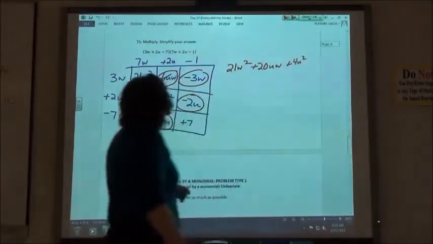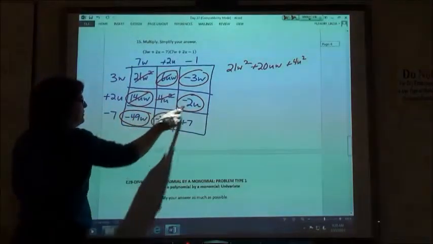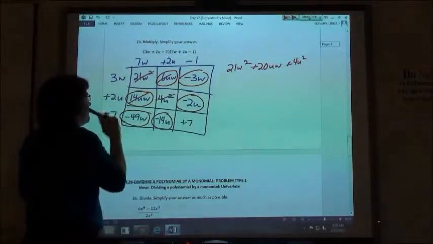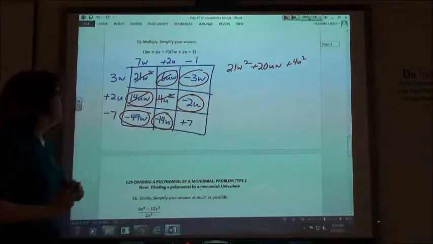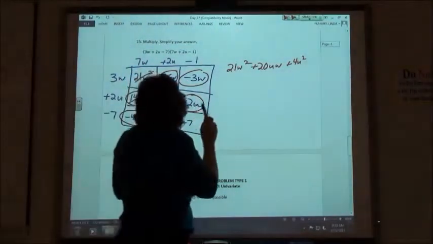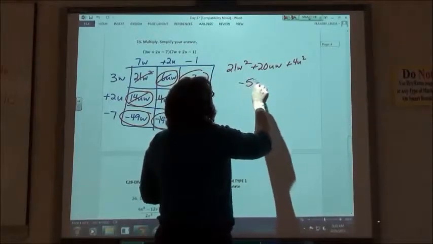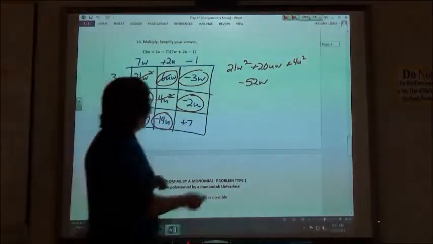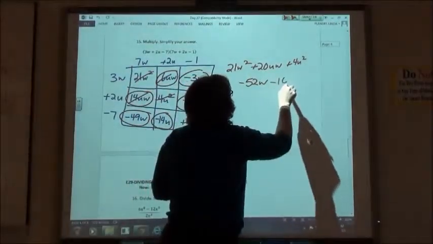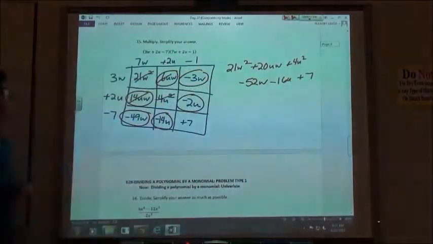Negative 49 minus 3 will give me negative 52w. And then I have negative 2 minus 14, so negative 16u, and then the plus 7. So all of that would go in for your answer.